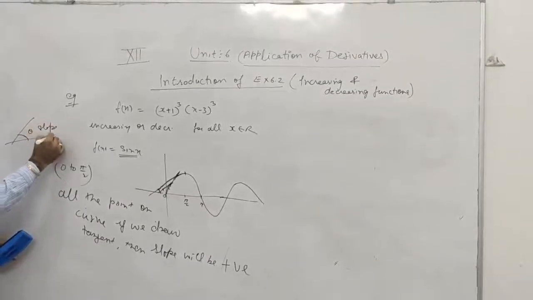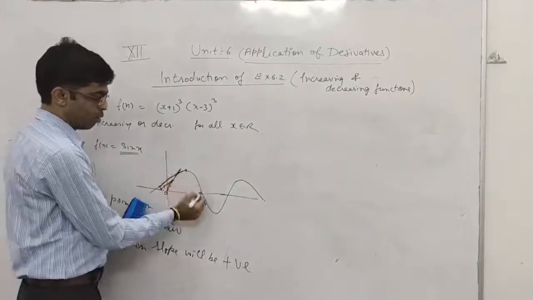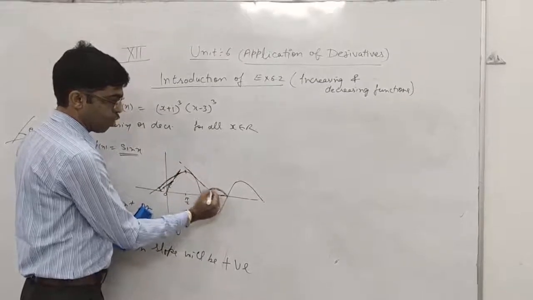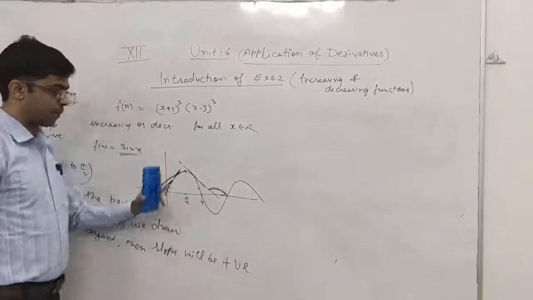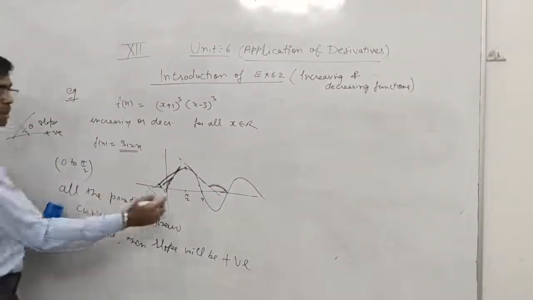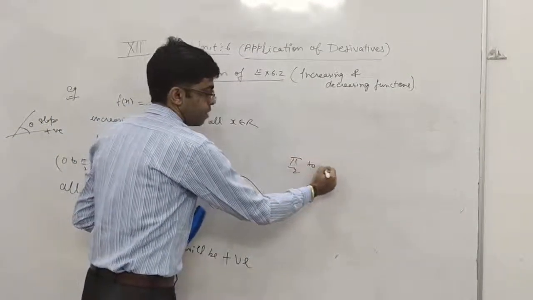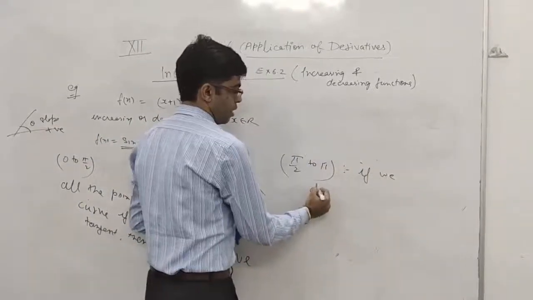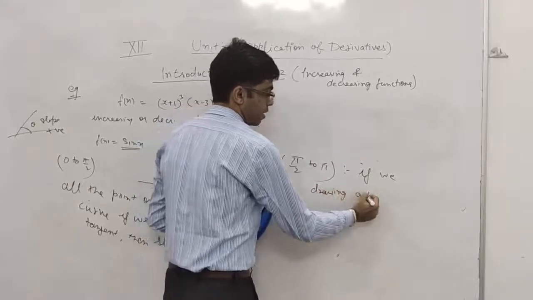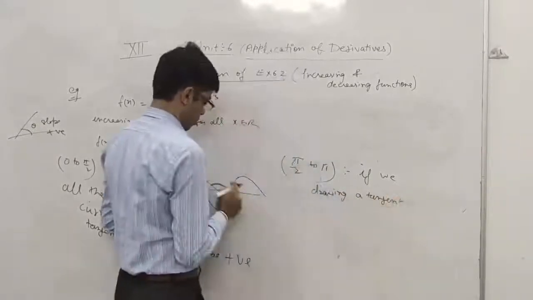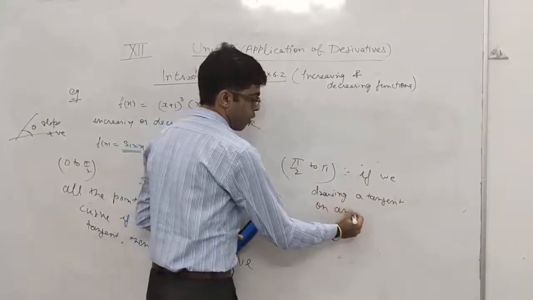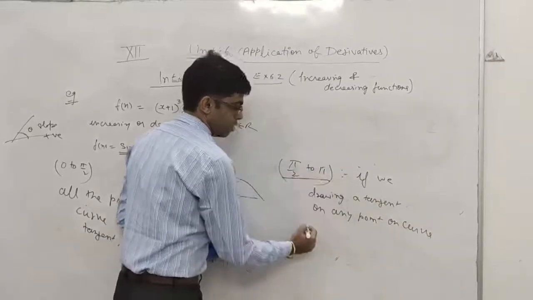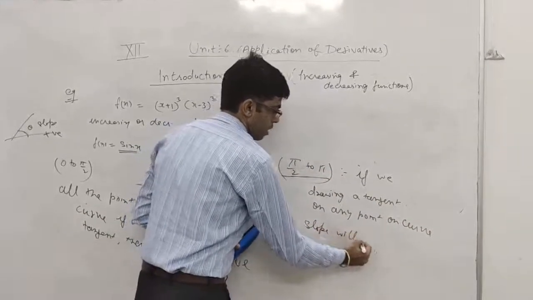Similarly, from pi by 2 to pi, if we make a tangent at this point, we can see that this angle is obtuse. At any point on the curve in the interval pi by 2 to pi, if we draw a tangent, the slope will be negative.